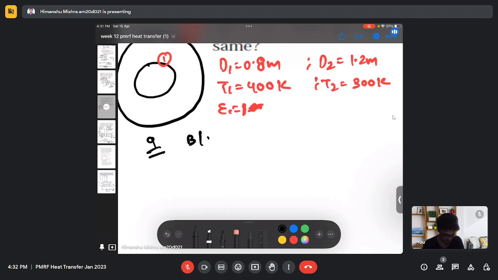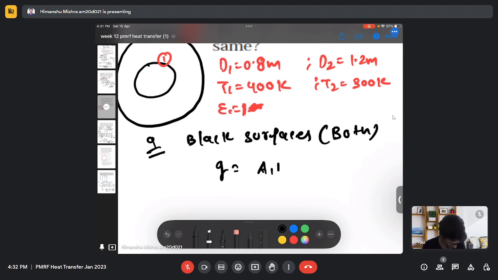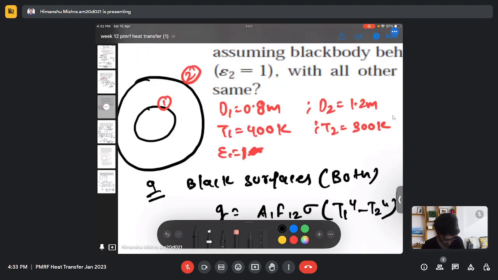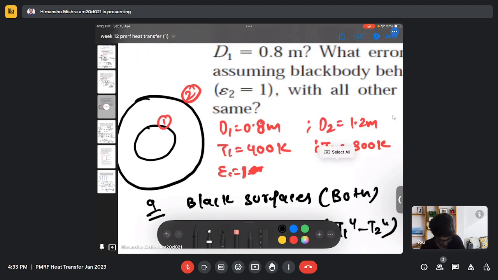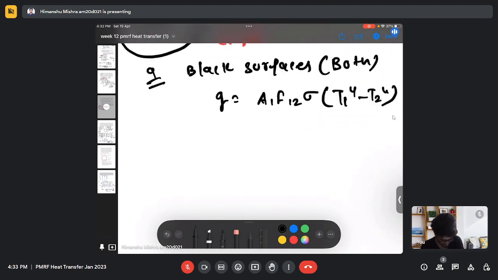So for black surfaces, both surfaces are black, so heat transfer will be given just by the Stefan-Boltzmann law. My F12 will be 1 here. We can check from the summation rule: F11 is 0, so F12 should be 1.